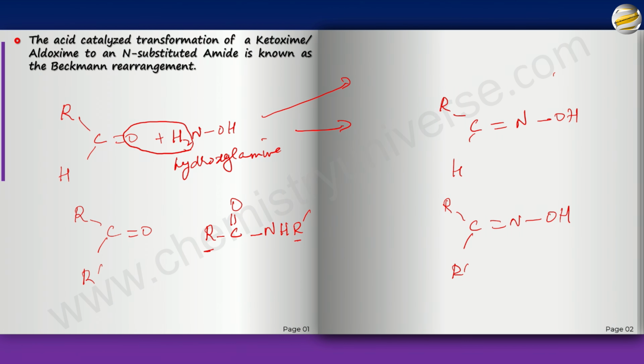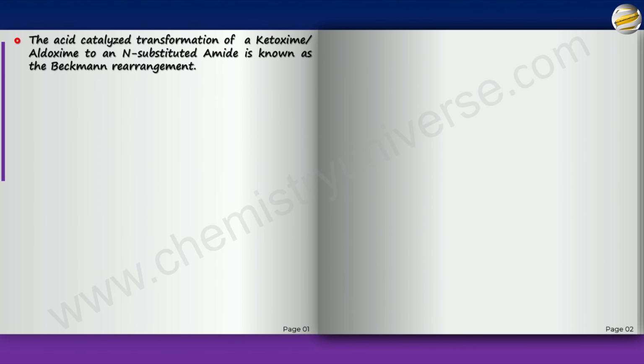Whereas an aldoxime could give you an N-substituted amide this way, and if R and H were to be swapped, you should get an amide, but you don't get an amide here. Instead, this one, instead of being an amide, becomes a cyanide. So we will talk about this in detail now. Just hang on to it, we're doing it just now.